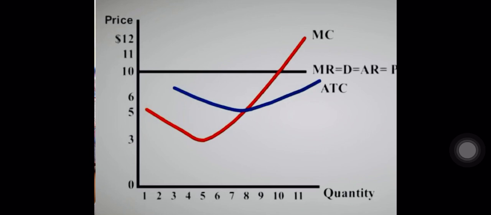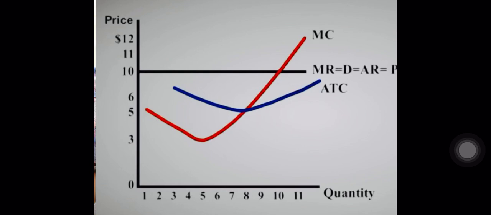The firm starts adding more people, but with other factors of production unchanged. So here, nagdagdag ng panibagong laborer 3, laborer 4, laborer 5, but the other factors of production, let's say land or capital, are not changed. Then the output produced gives us decreasing revenue overall, decreasing profit, because the cost starts increasing but production starts decreasing. So now, because of diminishing marginal returns to labor, umaakyat ang ating red curve going up.